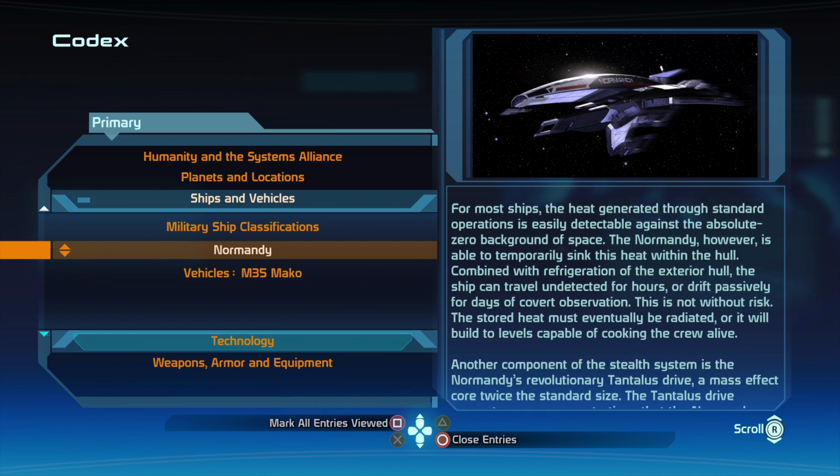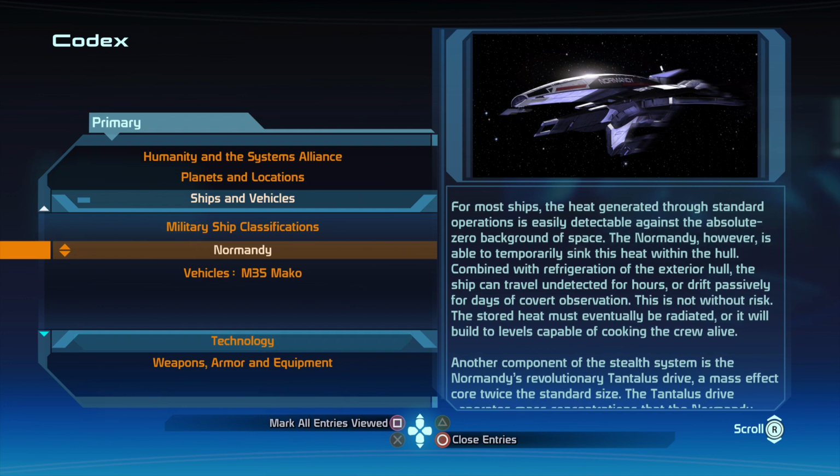The Normandy, however, is able to temporarily sink this heat within the hull. Combined with refrigeration of the exterior hull, the ship can travel undetected for hours or drift passively for days of covert observation. This is not without risk. The stored heat must eventually be radiated, or it will build to levels capable of cooking the crew alive.